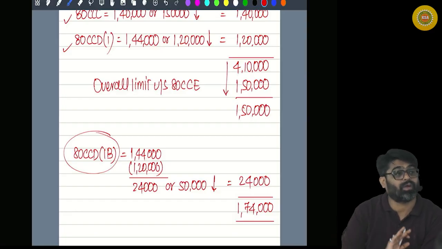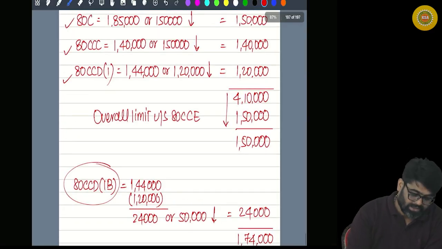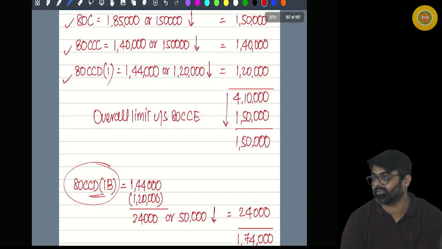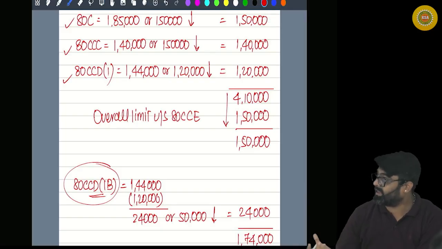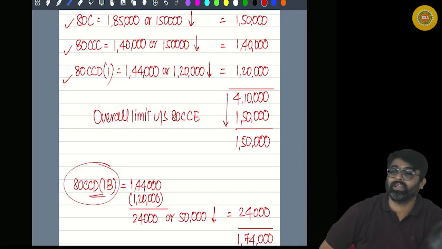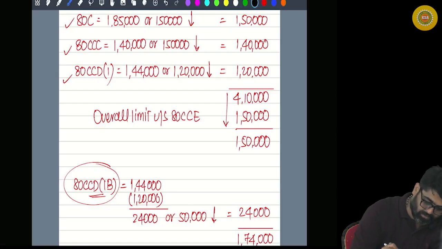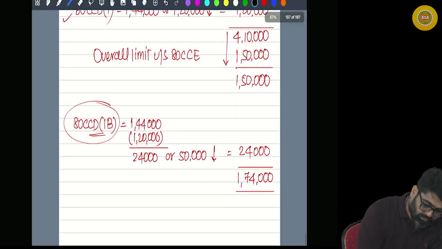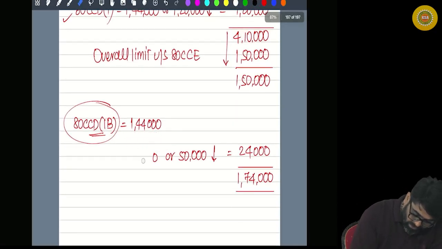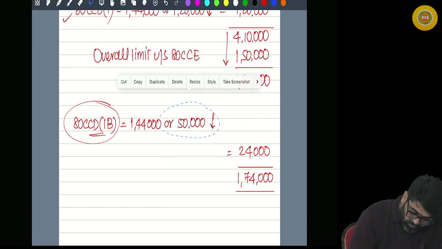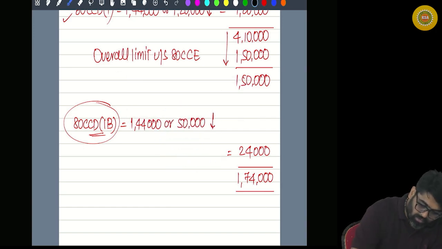Now if I take 80CCD1B first and then balance from 80CCD1, then what will be the change? Please pay attention. See, here this entire 1,40,000 I will claim subject to 50,000. So how much will be the deduction over here? It will be 50,000. Yes or no?